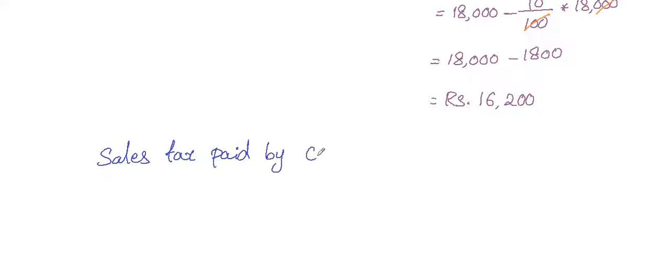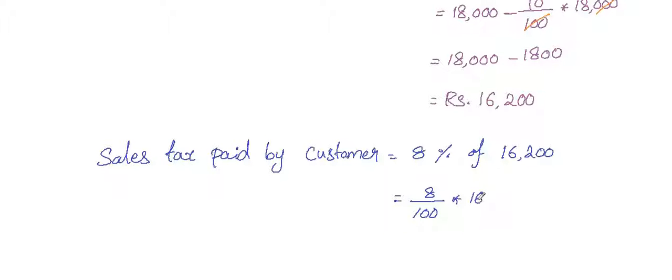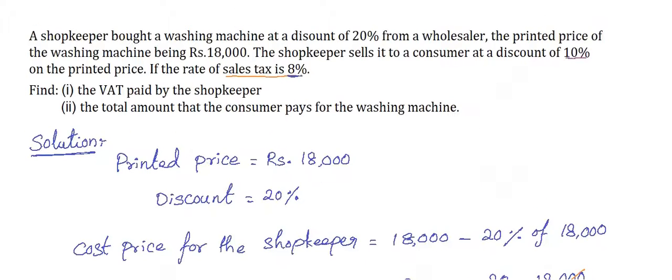Sales tax paid by the customer is 8% of this 16,200. So 8 by 100 into 16,200. So we'll get 8 times 162, which is rupees 1,296.